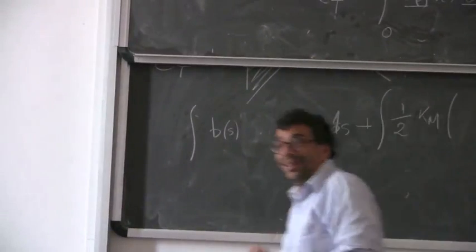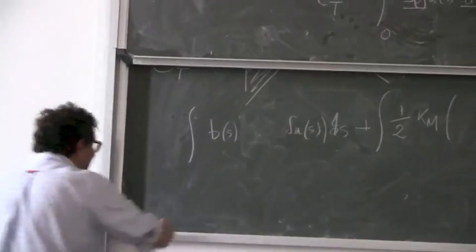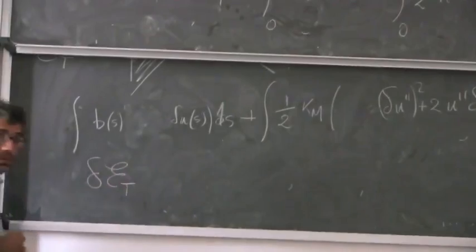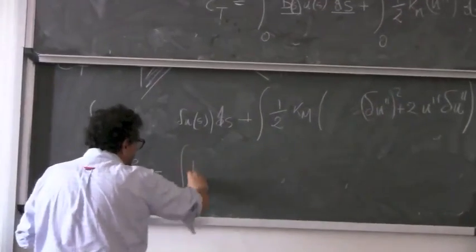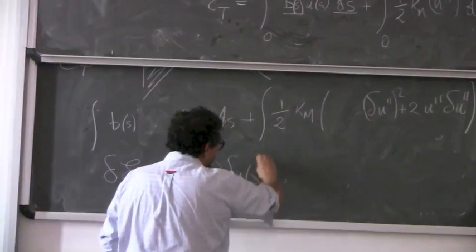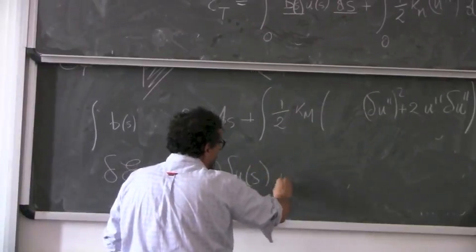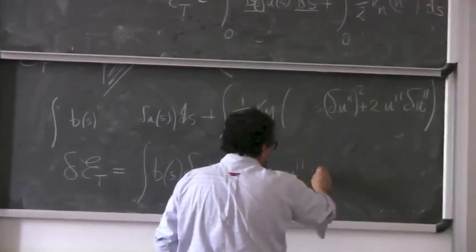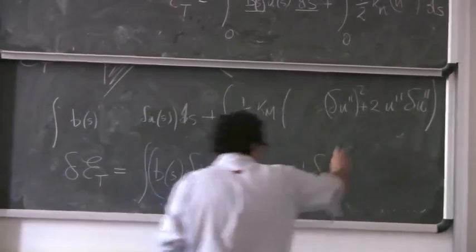So, the first variation, delta E, is equal to integral b s delta u s plus kn u second delta u second ds.